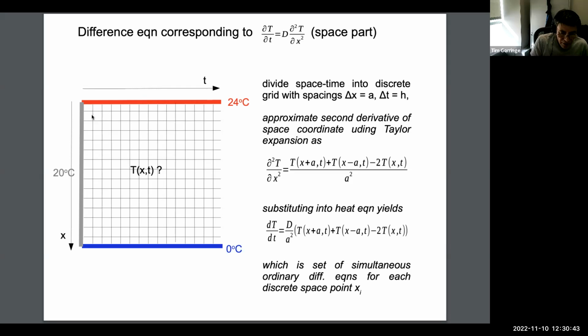And this lattice here, each intersection here is a point in space from the inside of the glass to the outside of the glass, over which I'm going to calculate the temperature profile. So that's the vertical direction. Horizontally, I'm imagining this horizontal axis is the time axis.